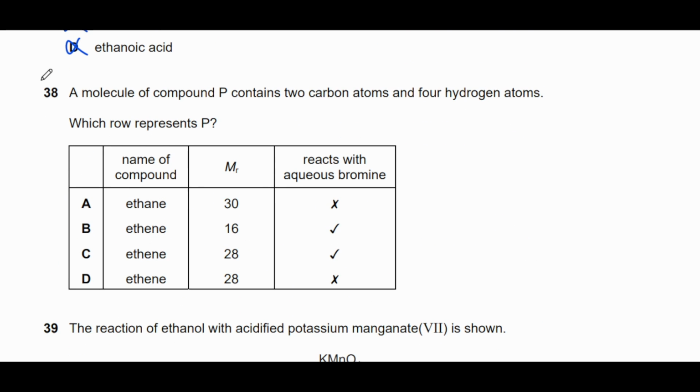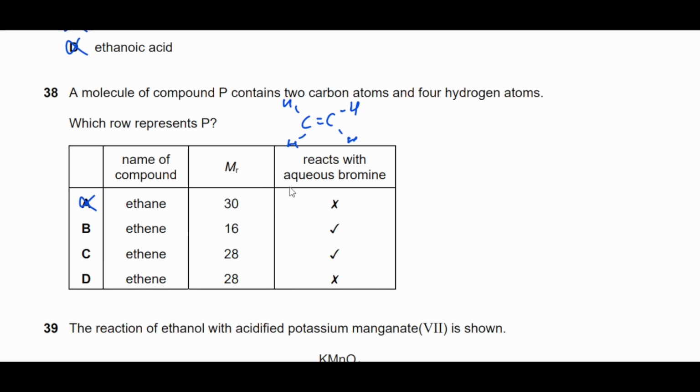A molecule of compound P contains 2 carbon atoms and 4 hydrogen atoms. Okay, so which row represents P? Since it has 2 carbon and 4 hydrogen, it has to be ethene, right? It cannot be ethane because ethane has 6 hydrogen instead of 4. So A is wrong.